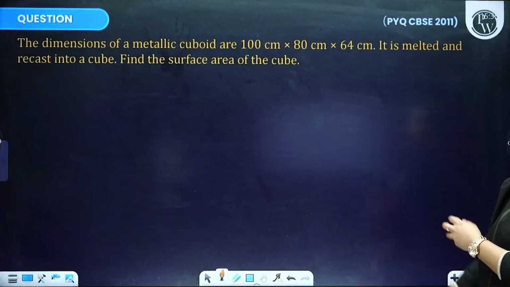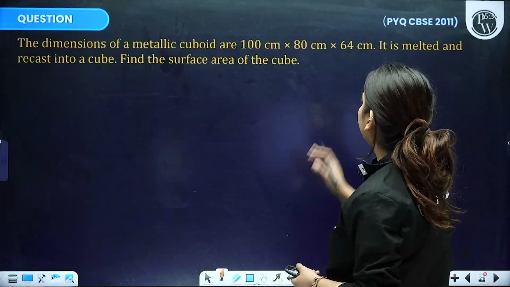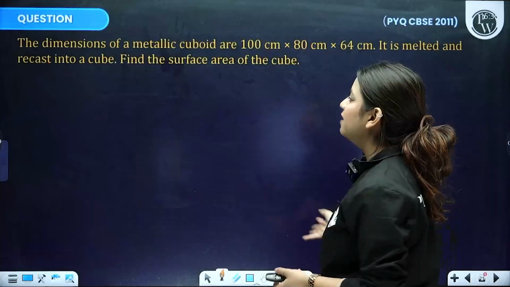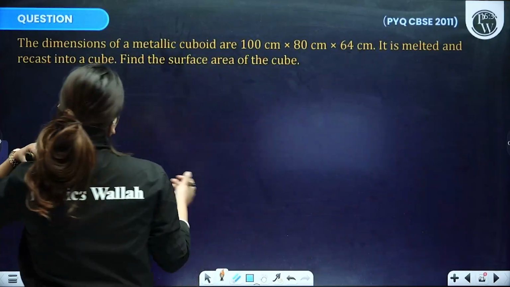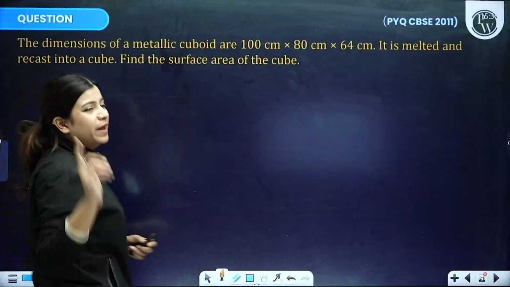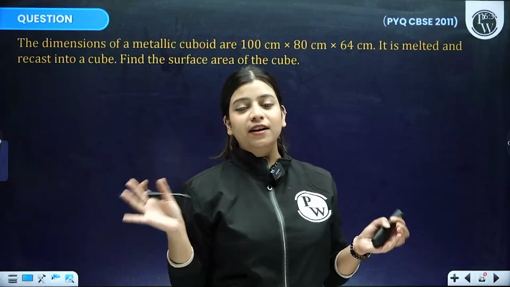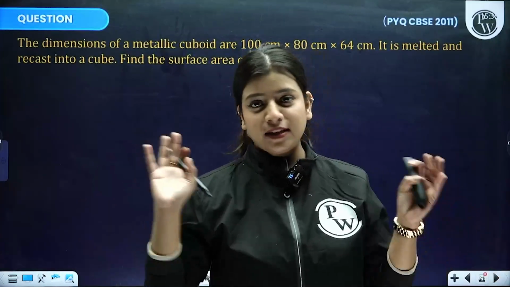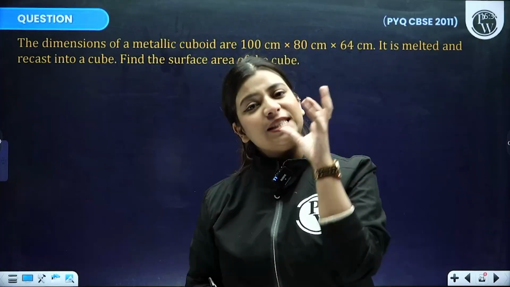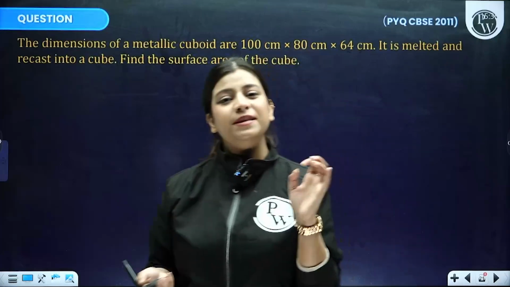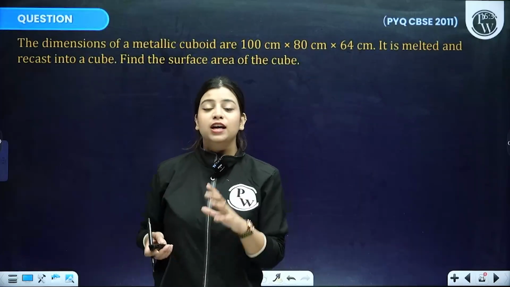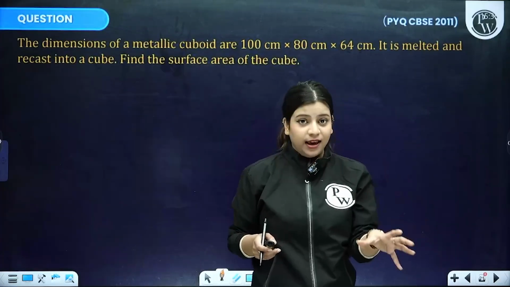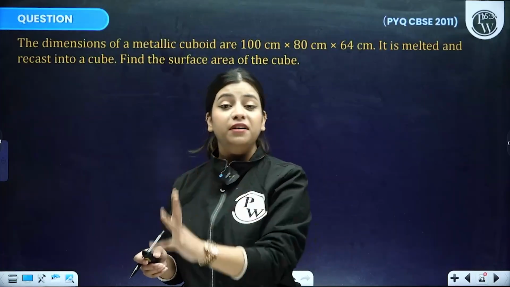Next question. The dimensions of a metallic cuboid are given. If it is melted and recast into a cube, find the surface area of the cube. So basically students, you might have done clay modeling in your junior classes in nursery and prep. From the same clay you can make a ball. From the same clay you can make a cat. So from the same clay you can form different shapes.